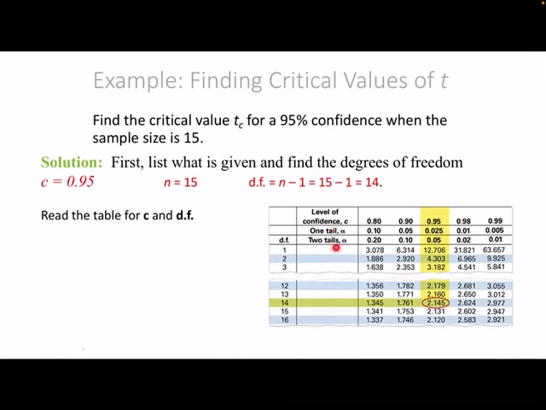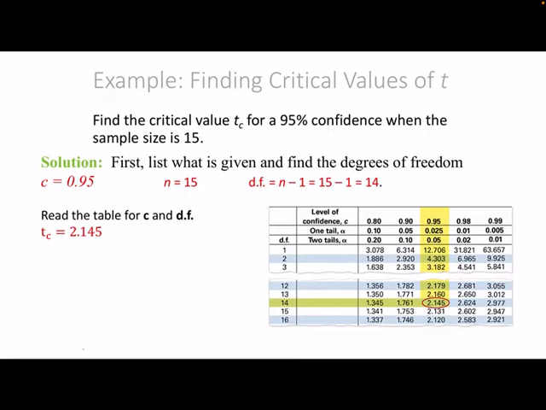The one tail and two tails is for something we're going to do in chapter 7. So confidence level at the top, and then your degrees of freedom here. And so what we call the critical value is 2.145, t sub c, because we're working with the t-distribution.